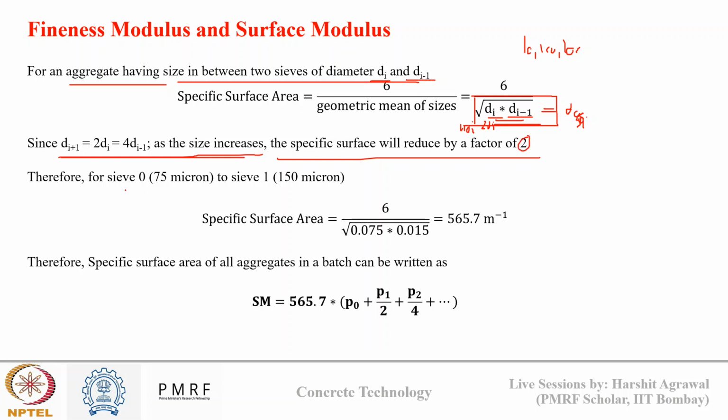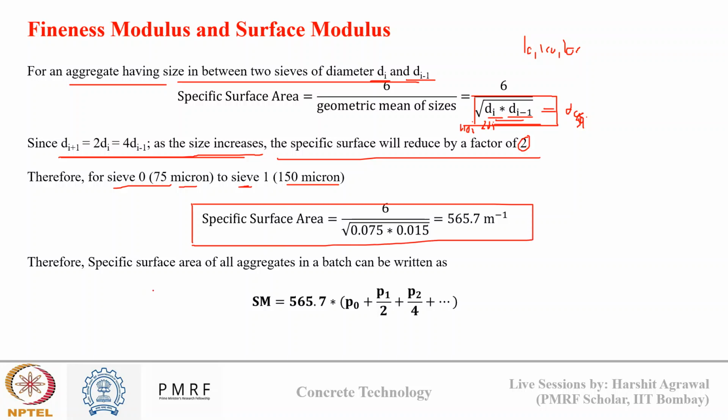Okay, so suppose you have sieve 0, which is 75 micron, and sieve 1, which is 150 micron. For that, if my particle is in between, my specific surface area will be this. However, if I simplify this formula for all aggregate in the batch, I can write this as 565.7 into p naught plus p1 by 2 plus p2 by 4, like this.